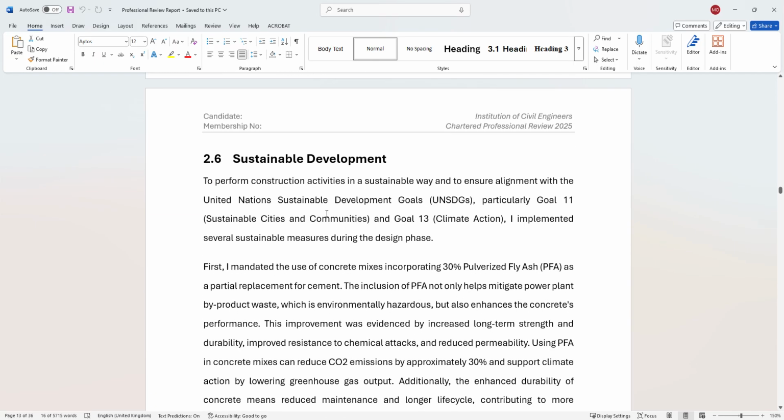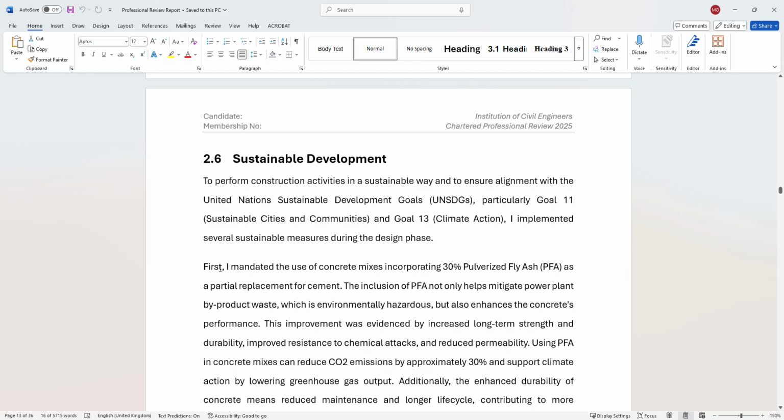And then 2.6 is on sustainable development. So you have to mention the UN SDGs, so the United Nations Sustainable Development Goals. And under sustainability, we are looking for financial sustainability, environmental sustainability, and social sustainability.